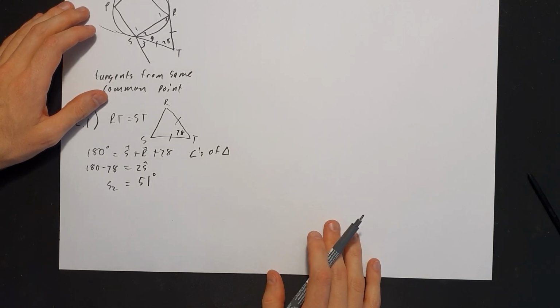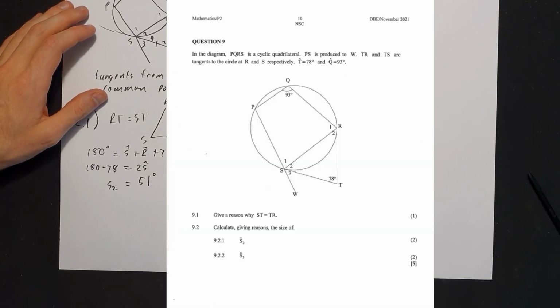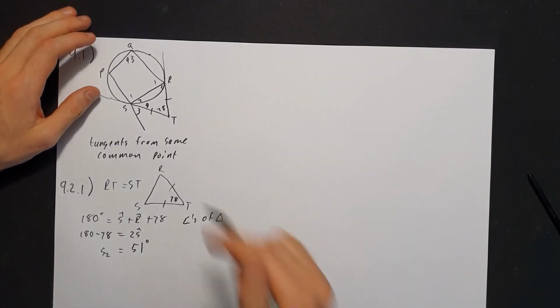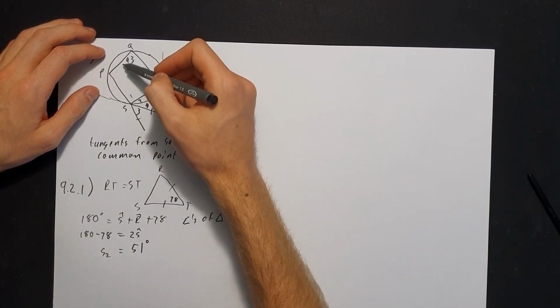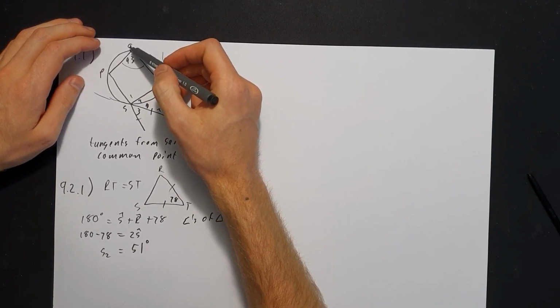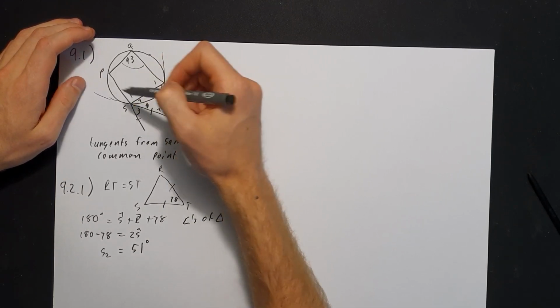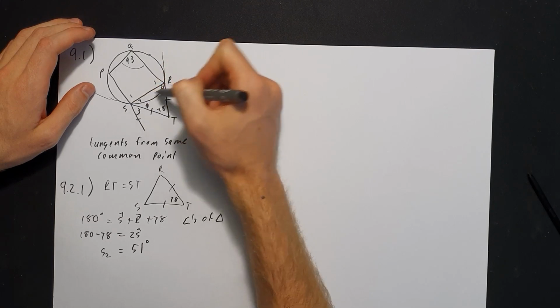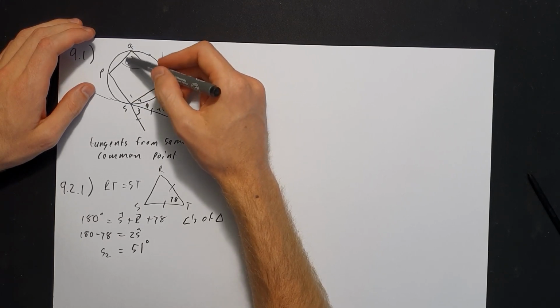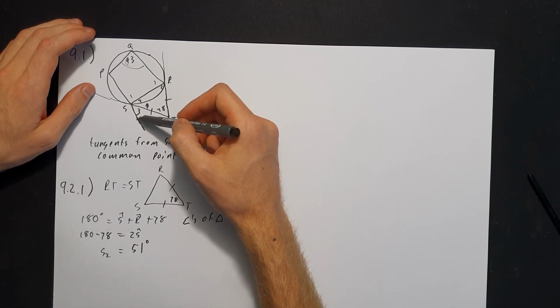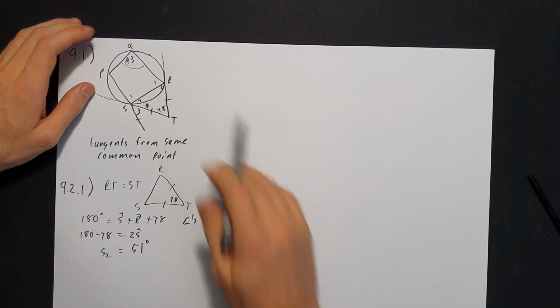Now the last one, 9.2.2 says find the angle of S3. If we look at the diagram I've drawn here, S3 is this outer part here. The important thing was they told us that Q, P, S, and R are a cyclic quad, which means that this angle must equal the opposite exterior angle of the cyclic quad.